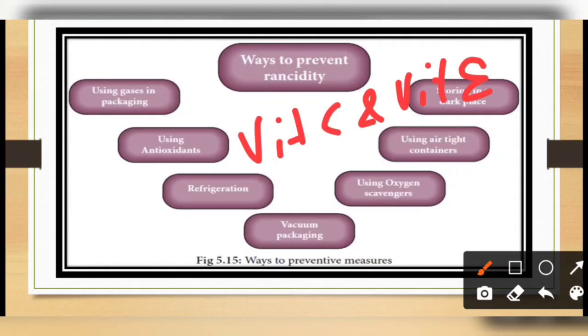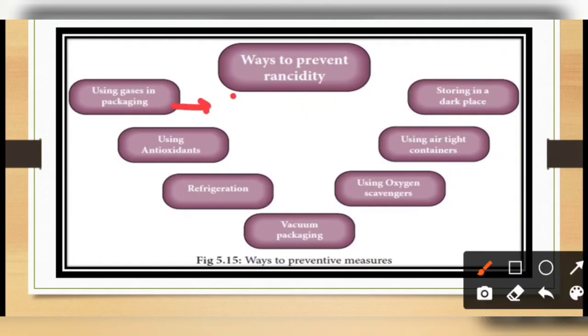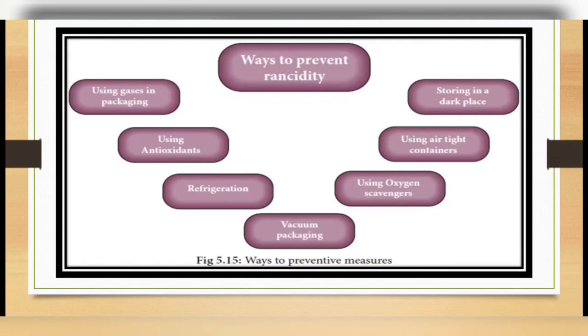Or we can use other gases, like in chips, which have nitrogen flushed into them. Nitrogen is an inert gas that does not react with the food, and it also prevents oxygen from reacting with the food. So these are all the ways of preventing rancidity. And to prevent corrosion, we can use different methods: painting, oiling, and the galvanization process.